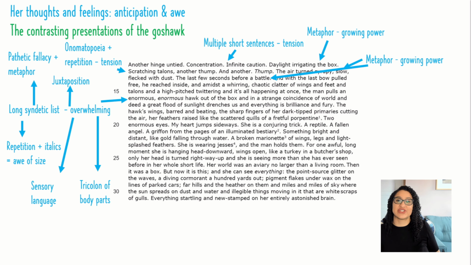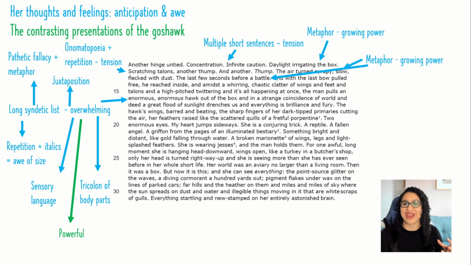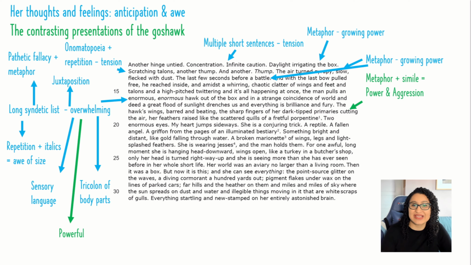And that continues as this paragraph keeps going, because what we have here is the hawk's wings barred and beating, the sharp fingers of her dark-tipped primaries cutting the air, her feathers raised like the scattered quills of a fretful porpentine. There's again violence in that metaphor of her fingers cutting the air. And then in the simile of like a fretful porpentine, so something fighting back, something that is designed with defense mechanisms built in. It's all imagery to do with power and aggression.